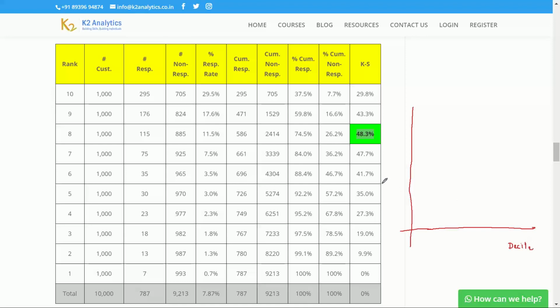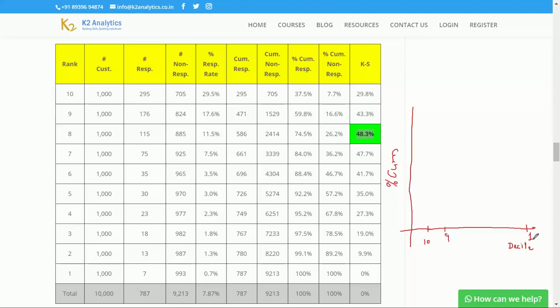And this axis, here we have percentage cumulative numbers. So we will have percentage cumulative numbers for responders and non-responders. So here, let's just have the deciles starting in the reverse direction, 10, 9, all the way going up to 1.